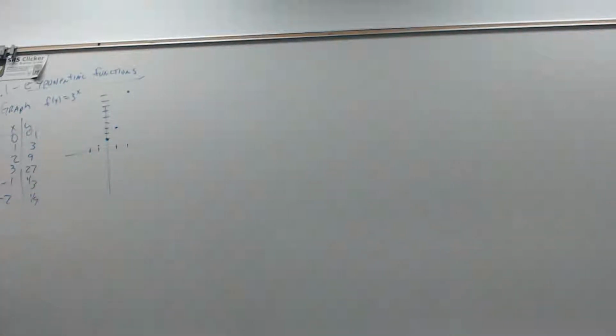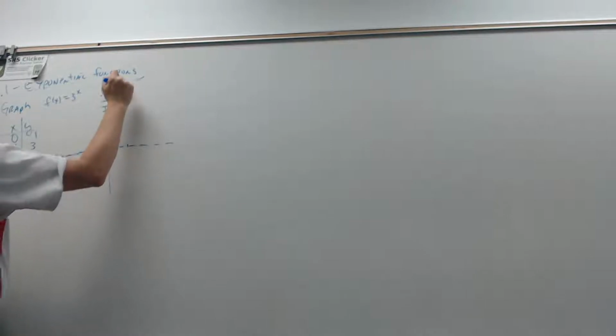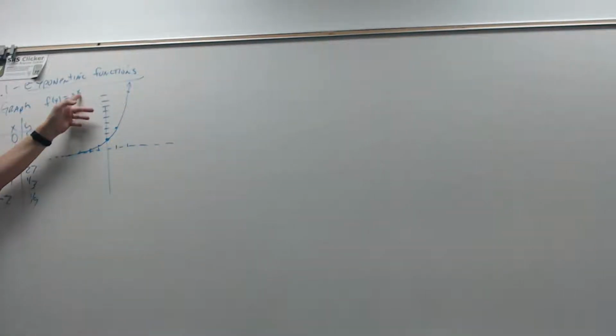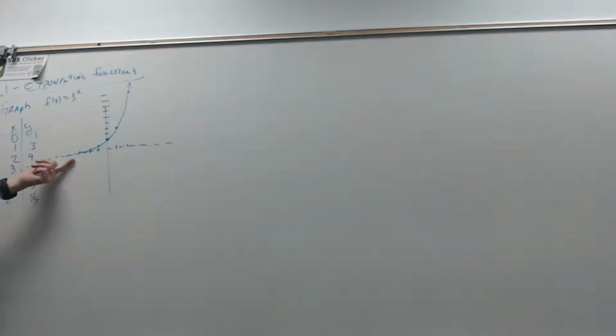Do you think we're ever going to cross that? No, we're not. So I'm going to draw an asymptote right there. 3 to any negative power still is not going to go below 0, correct?